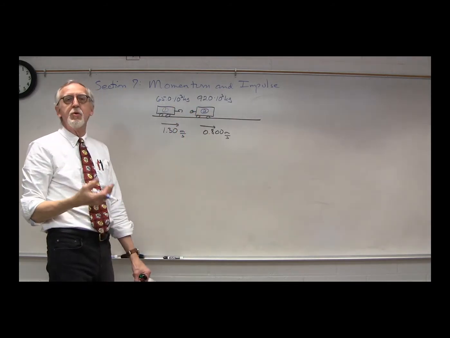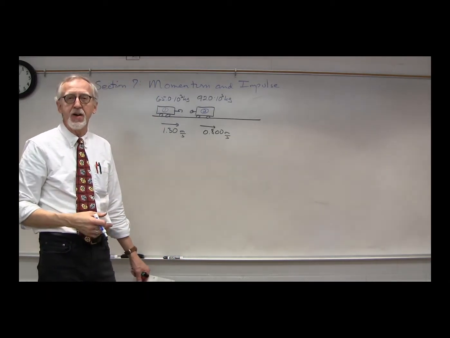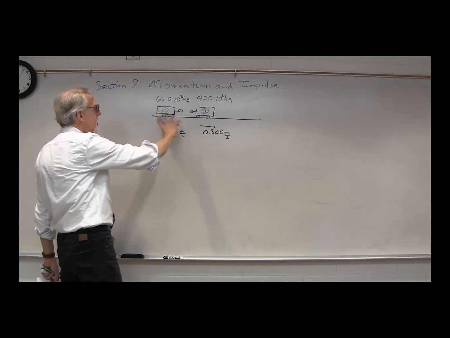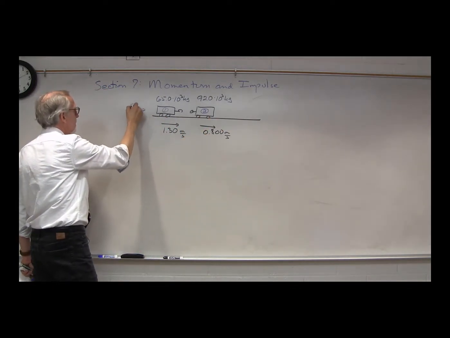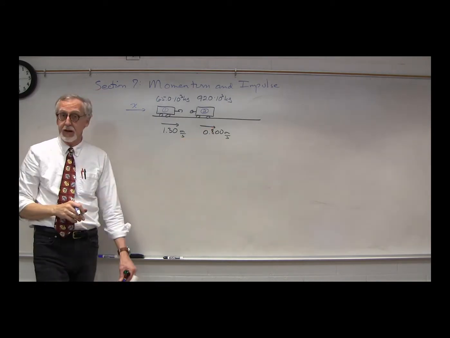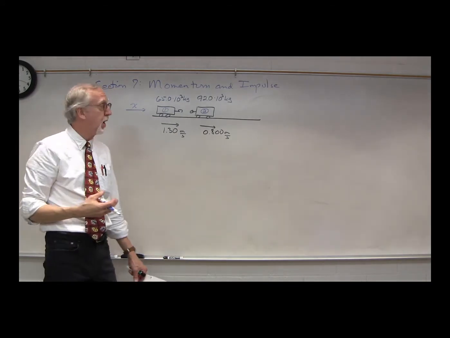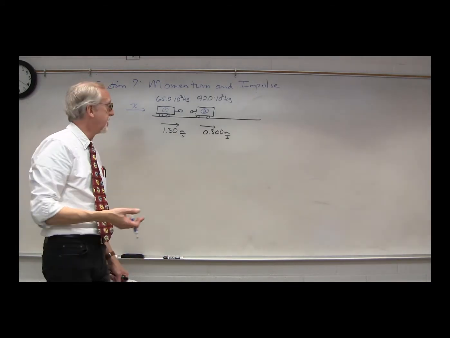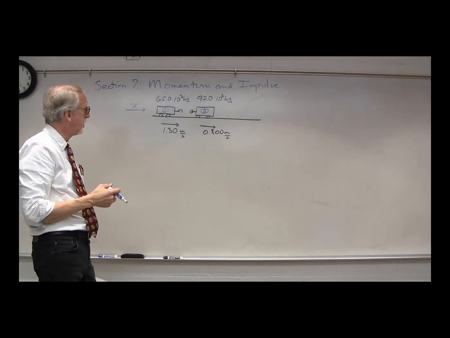Let's figure out what the momentum of each is and then add them together, and we'll get the total initial momentum. Now this is just a one-dimensional problem, so we'll define the horizontal direction as our x-axis, and say positive is to the right. Now, is this an isolated system? Well, there are other forces acting on it. There's going to be gravity pulling it down and a normal force pushing up.